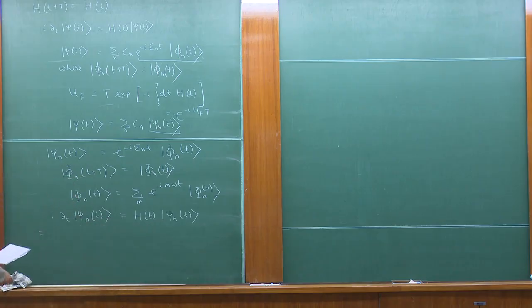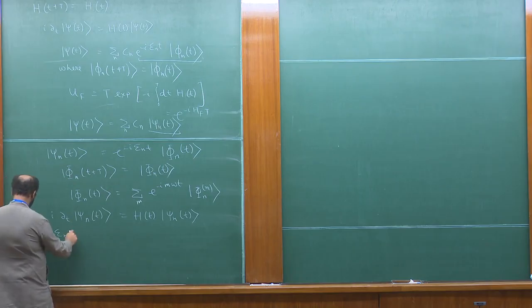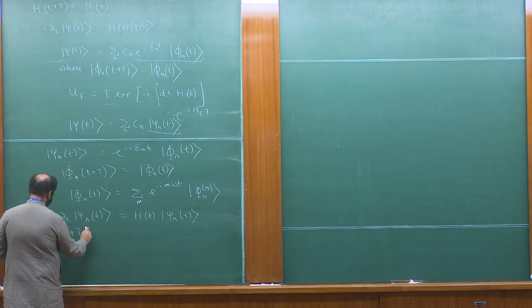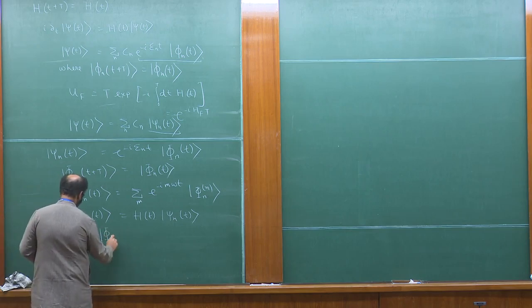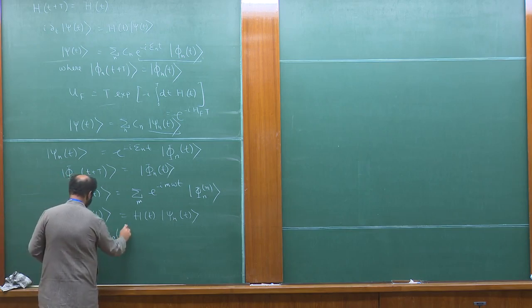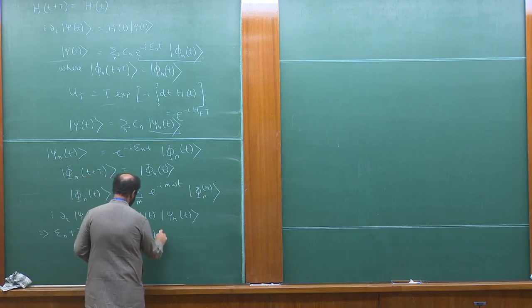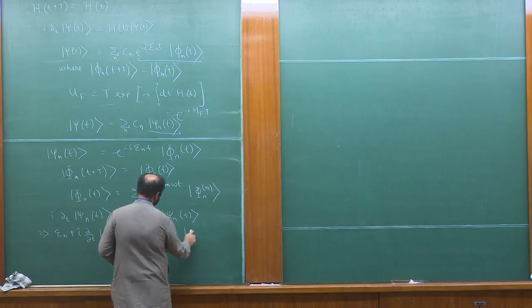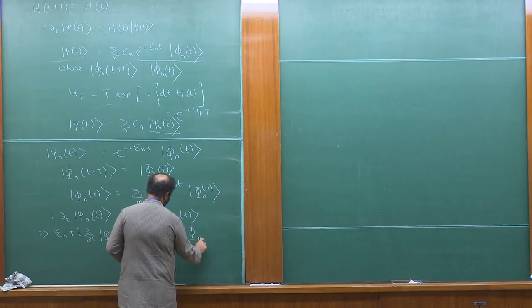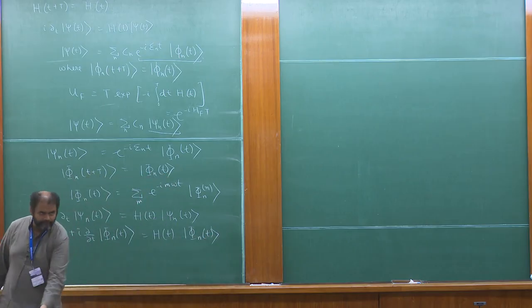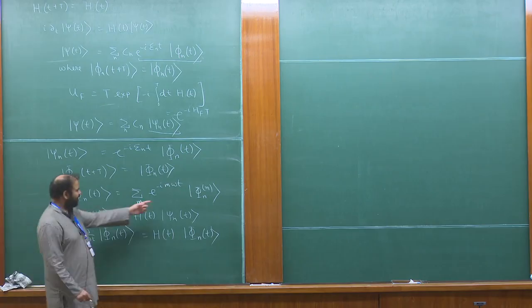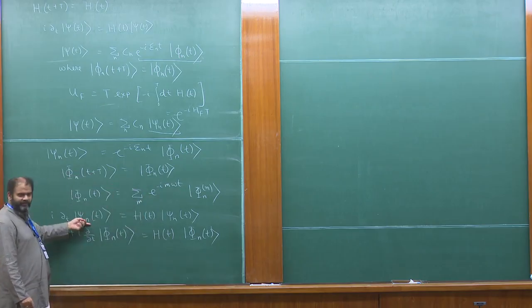And when I do this, what I will get is En plus i del t phi n t is equal to H of t phi n t. This step is clear. All that I have done is put in this form here.